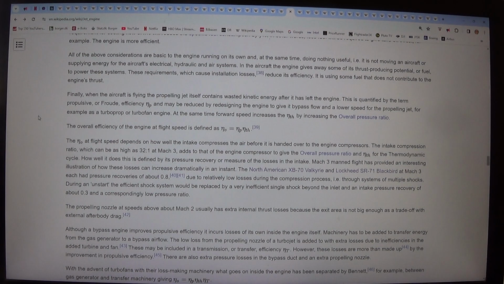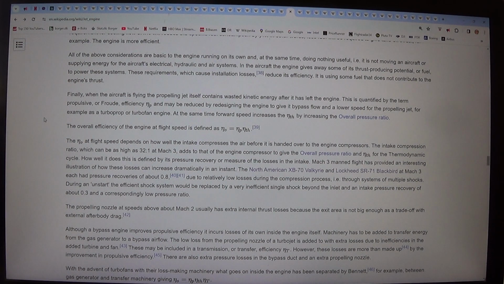Finally, when the aircraft is flying, the propelling jet itself contains wasted kinetic energy after it has left the engine. This is quantified by the term propulsive, or Froude, efficiency, eta sub p, and may be reduced by redesigning the engine to give it bypass flow and a lower speed for the propelling jet, for example as a turboprop or turbofan engine.